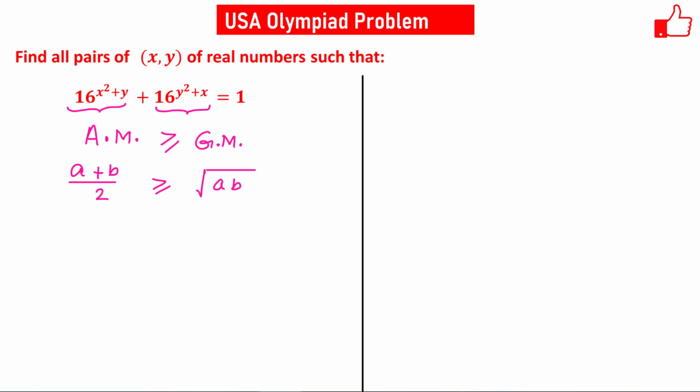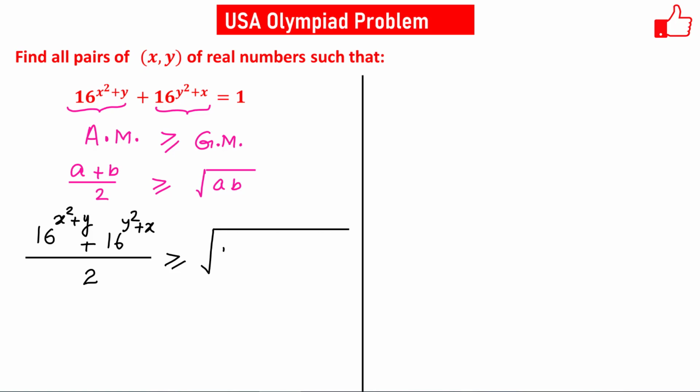So I can say here that 16 raised to the power x square plus y plus 16 raised to the power y square plus x, divided by 2, is greater than or equal to the square root of 16 raised to the power x square plus y times 16 raised to the power y square plus x.